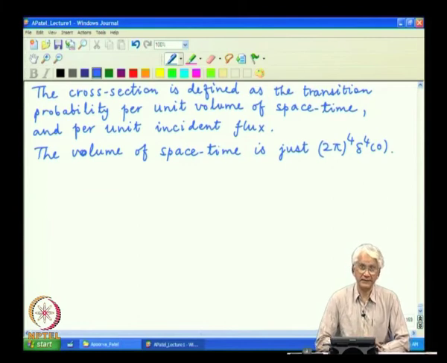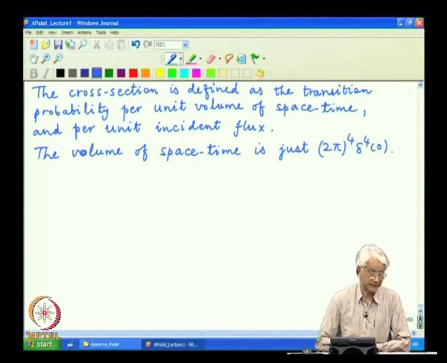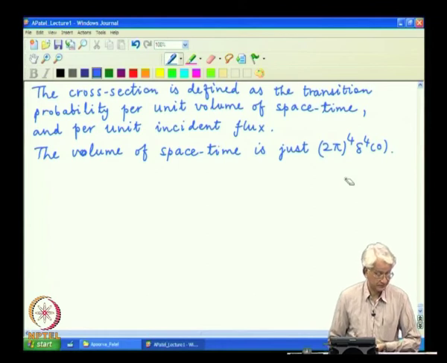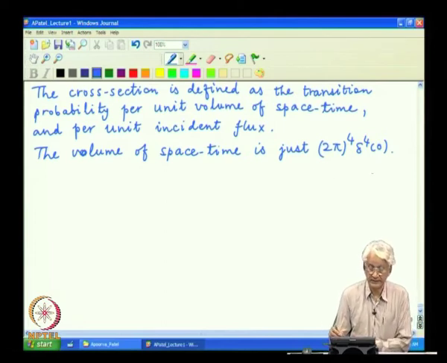This literally is infinite, but when interpreted in terms of properly regulated descriptions, this is indeed the answer, and one just has to divide by the particular factor of 2 pi raised to 4 delta 4 of 0 if one wants to calculate processes per unit space time. So, then now all the factors have to be stuck in. This is one.